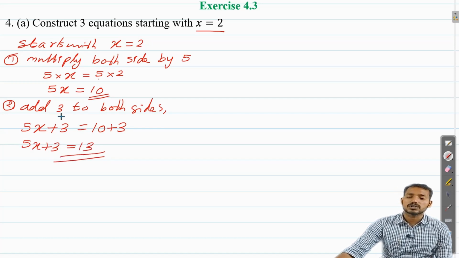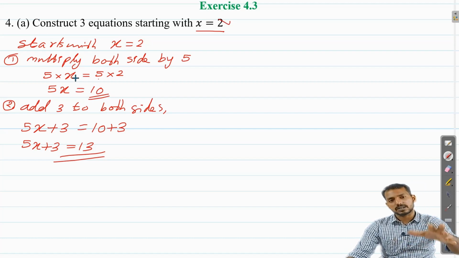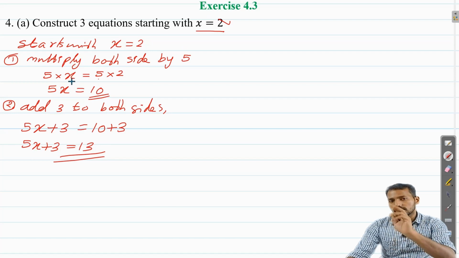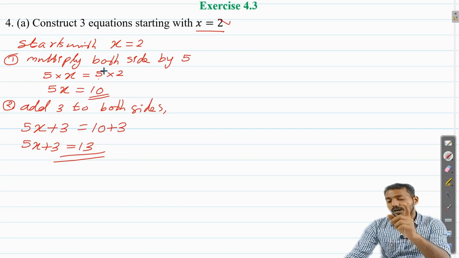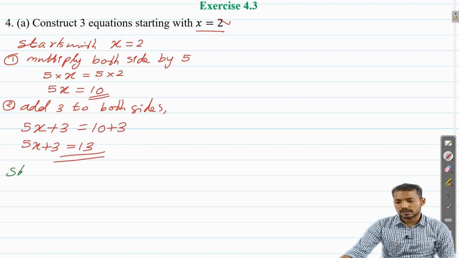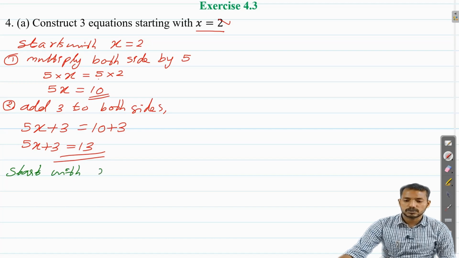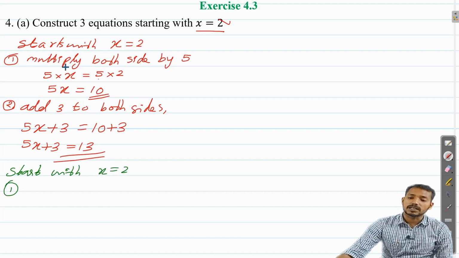So I have got an equation with x equal to 2 as the solution. So just to do some operations, what is the thing you are going to do? That should be done on both sides. That is the only condition. I will make one more equation starting with x equal to 2. First step, here I have done multiplication.